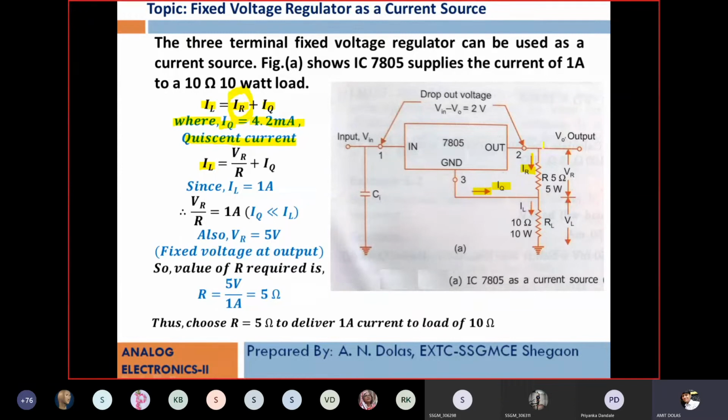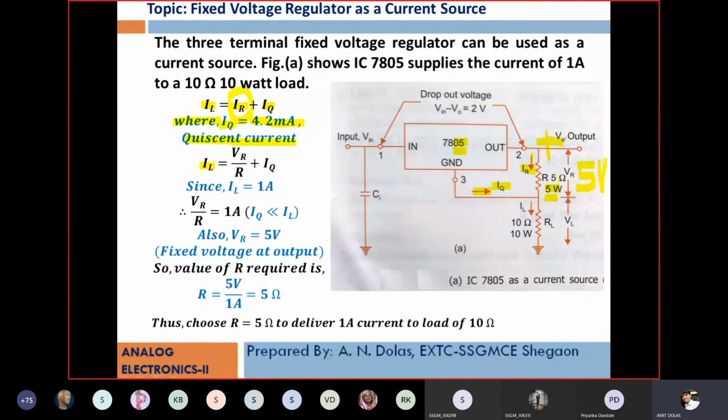What is IR? IR is the current passing through this resistance, 5 watt, which is visible, that is plus up and minus down, as it is 7805, so a positive regulator. What is the voltage here? Between pin number 2 and 3 it is a fixed voltage, as it is 7805, which is 5 volt.